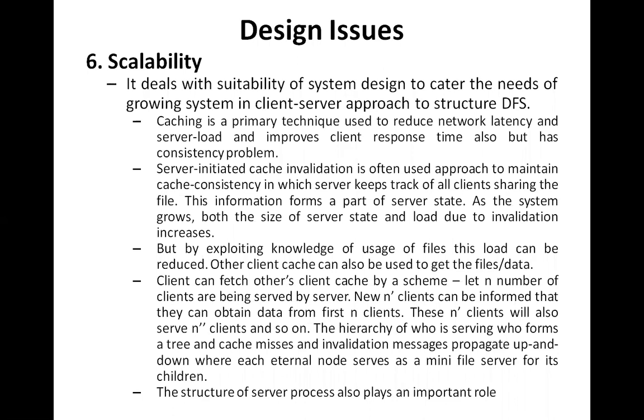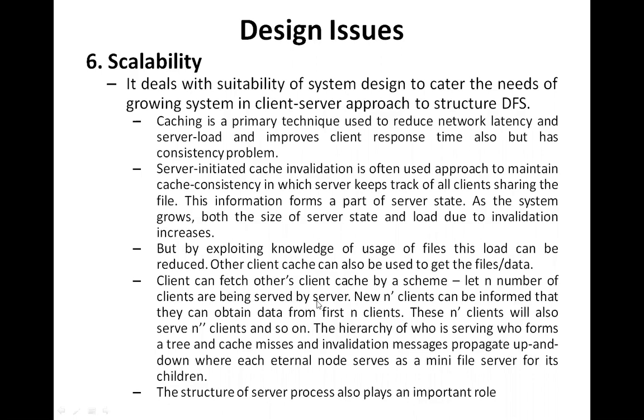That client may contact the other client's cache which has that particular file. But this observation raises the question of how a client will be able to find those clients which have the required data.